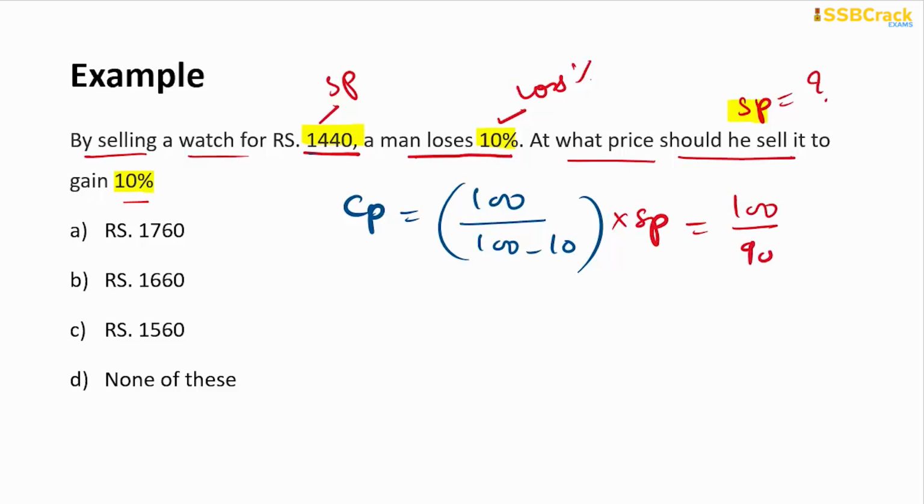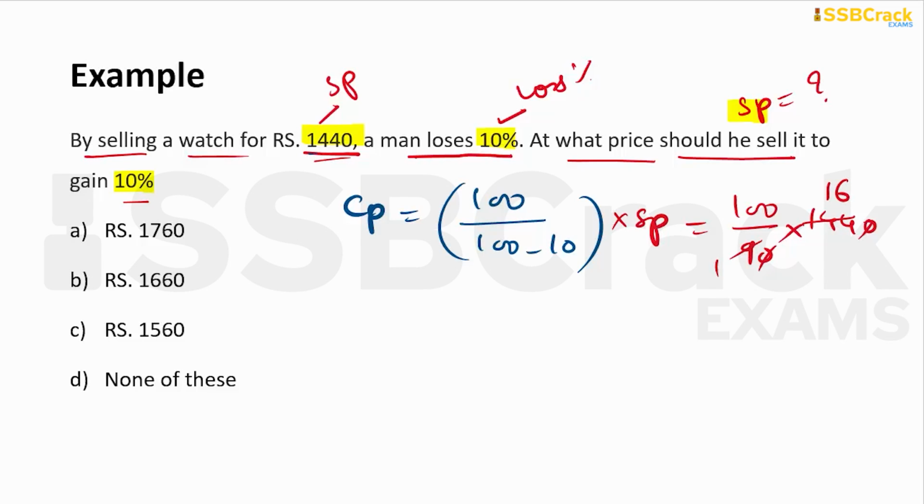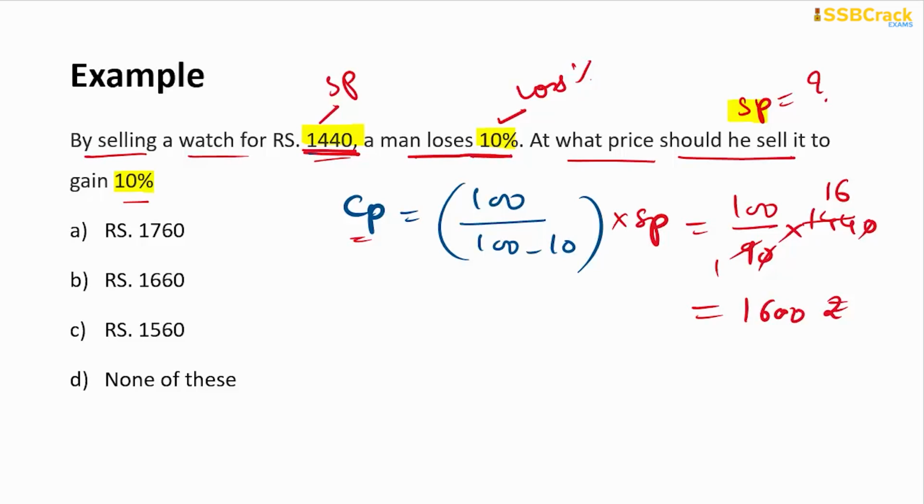So we have 100 upon 90 into the SP provided, 1440. So the zero cancels, and we are getting 1600 rupees. It's the CP for the first transaction. That man sold a watch for 1440 and lost 10%, so the CP for him was 1600.